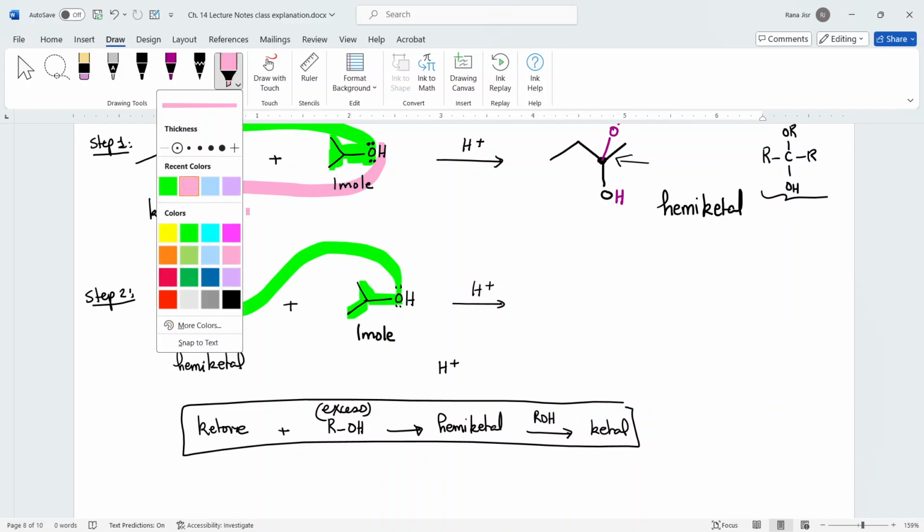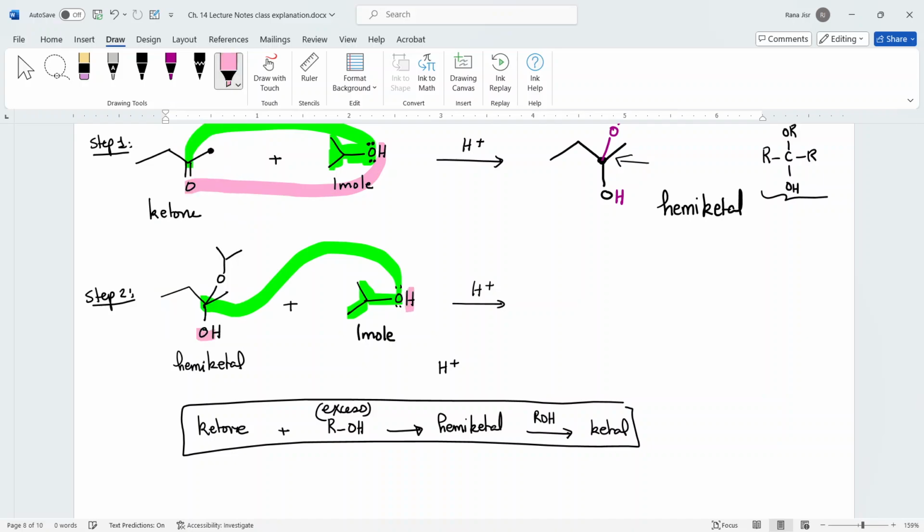And then the leftover hydrogen here will bond with the OH there and will make me water. So I'm going to end up getting my ketal in this case. So I'm going to here have my OR. I'm going to create another OR in there. There you go. You can write it in any direction you want. Plus, I have my water.